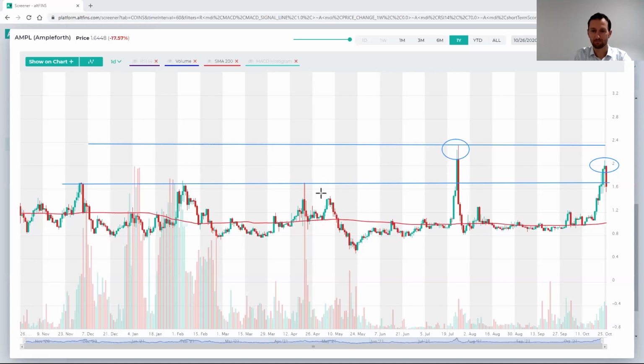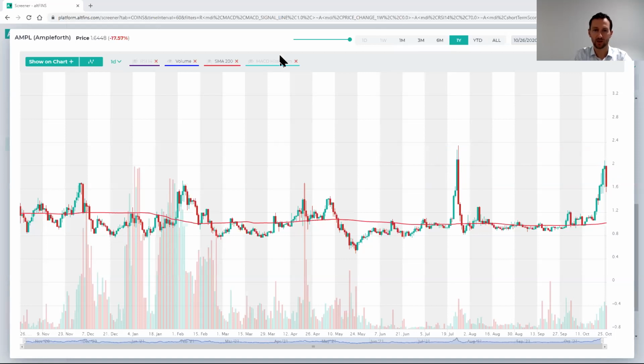In any case, where's the support here? Let's see if we can find the support. That's the more important question now, although sometimes the resistance becomes the support, right? The support level, anyone can take a guess here. If you look at the chart, I see a couple of touch points up here, this one here. So not a whole lot to go off of.